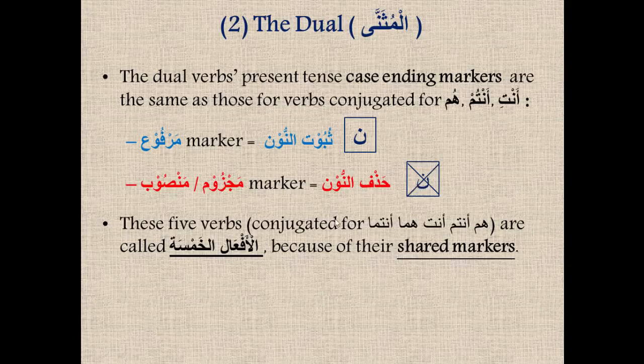So all 5 of these verbs, i.e. those verbs conjugated for hum, antum, anti, humma, and antuma, all 5 of them are collectively called al-af'al al-khamsa, because of their shared markers. Al-af'al al-khamsa literally means the 5 verbs. So their case endings all revolve around the noon, the presence of the noon in the marfu' and the absence or elimination of the noon in the majzum and the mansub.